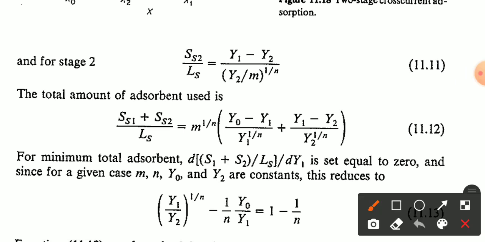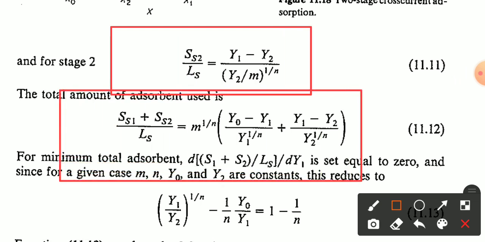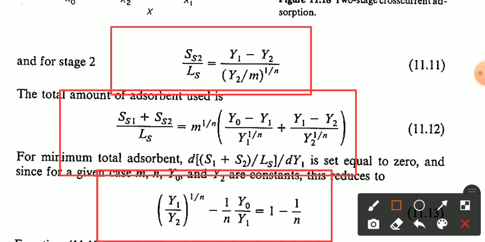Next, SS1 plus SS2 by Ls is equal to m raised to 1 by n in a bracket, (y0 minus y1) by y1 raised to 1 by n plus (y1 minus y2) by y2 raised to 1 by n. And simply, (y1 by y2) raised to 1 by n is equal to minus 1 by n multiplied by (y0 by y1), which is equal to 1 minus 1 by n. Write down all three equations.